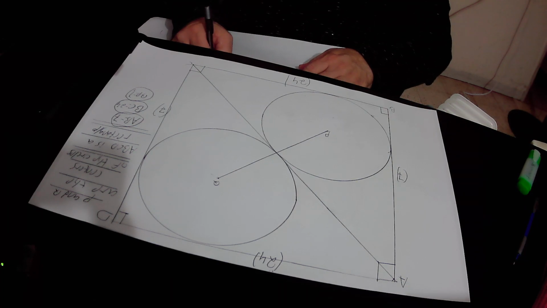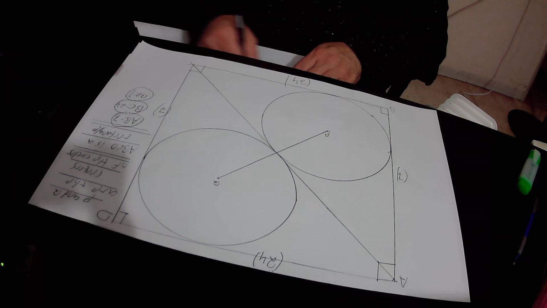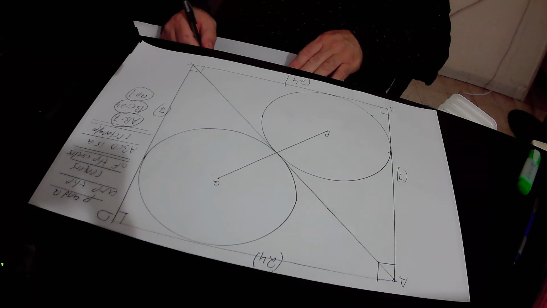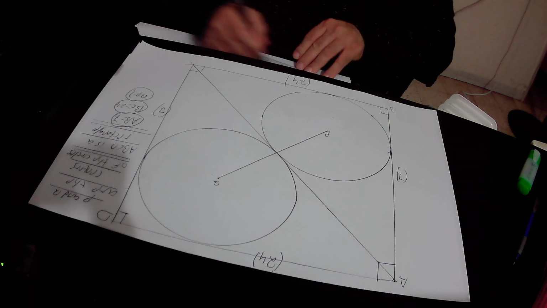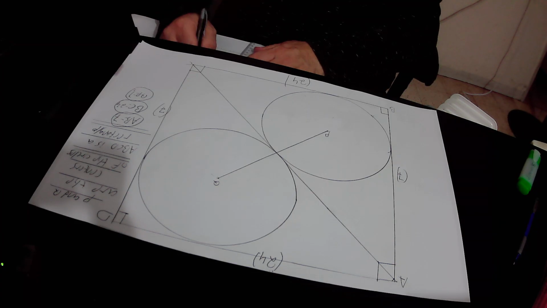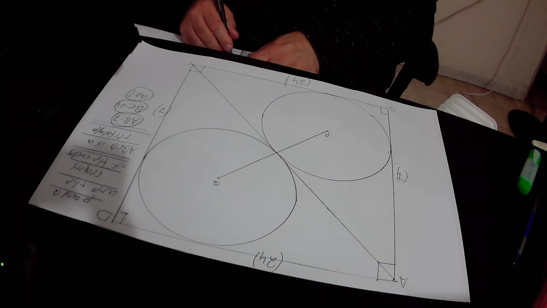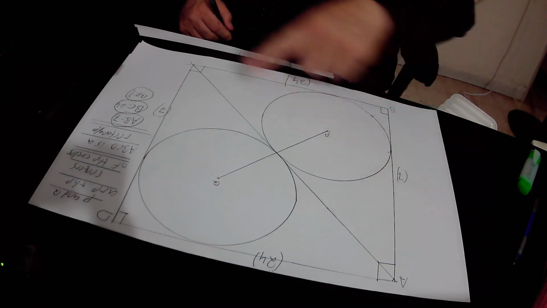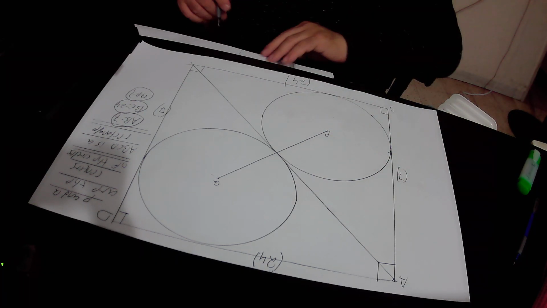According to the Pythagoras theorem, in any right triangle, the square of the hypotenuse equals the sum of the squares of the perpendiculars. The hypotenuse in the right triangle ABC is AC, therefore the square of the hypotenuse is AC squared.